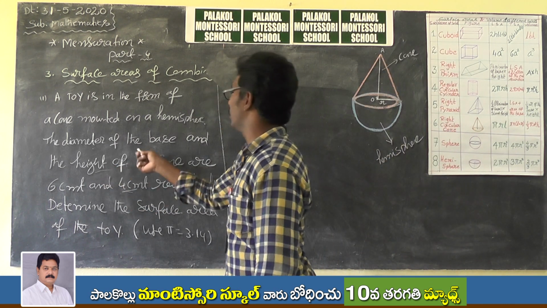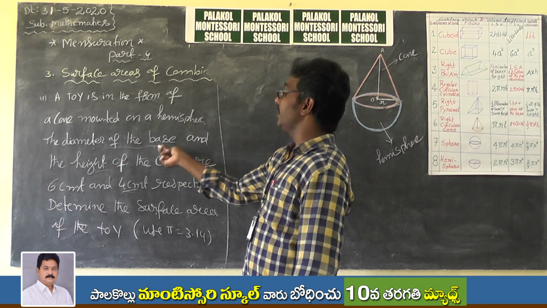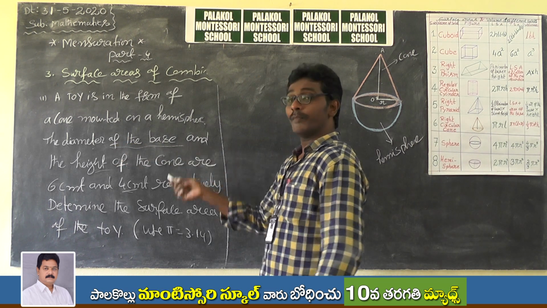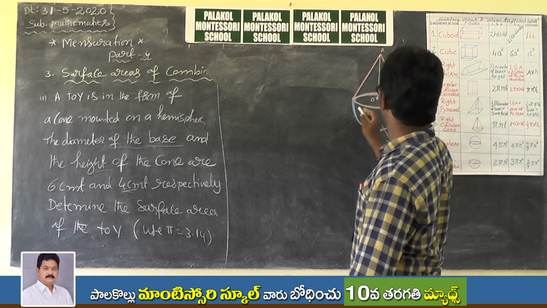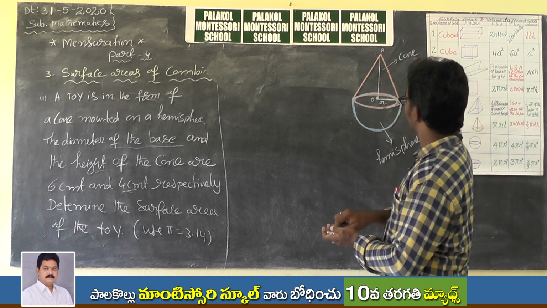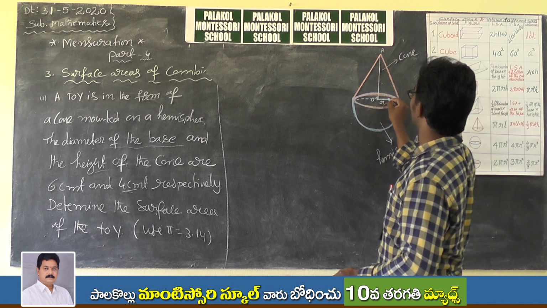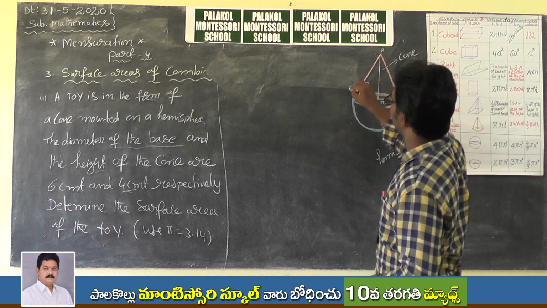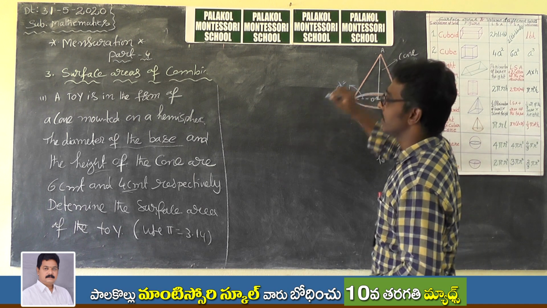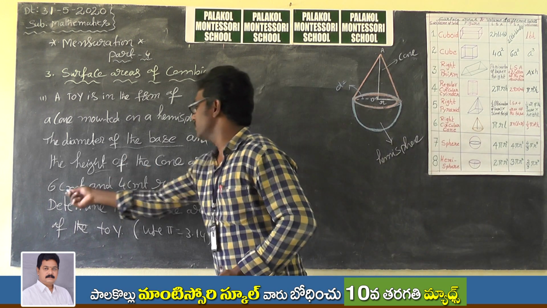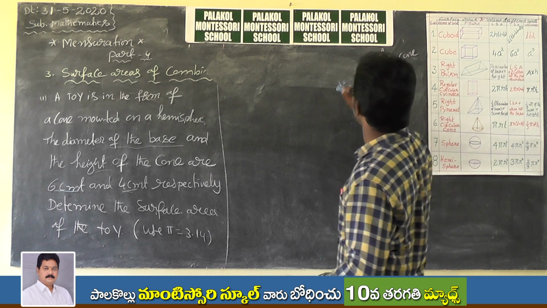See, the height of the cone and the diameter of the base. The diameter is the total across the circle. The diameter of the base is equal to 6 centimeters.